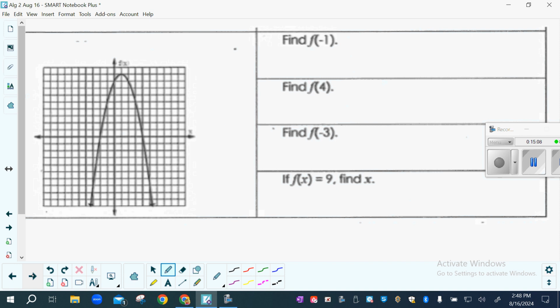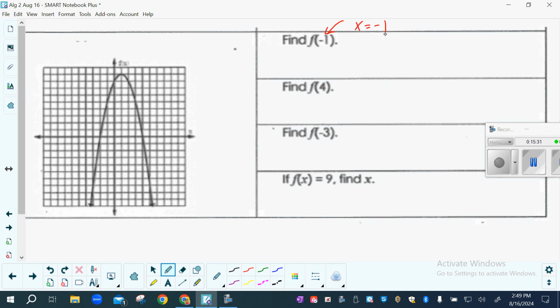So we want to find f of negative 1. Does this negative 1 represent an x value or a y value? Our x is negative 1, but you're right, f of negative 1 represents a y. So we want to find an x value of negative 1.